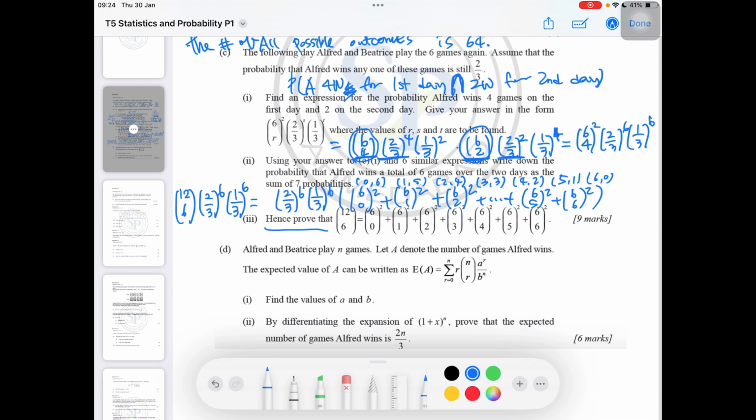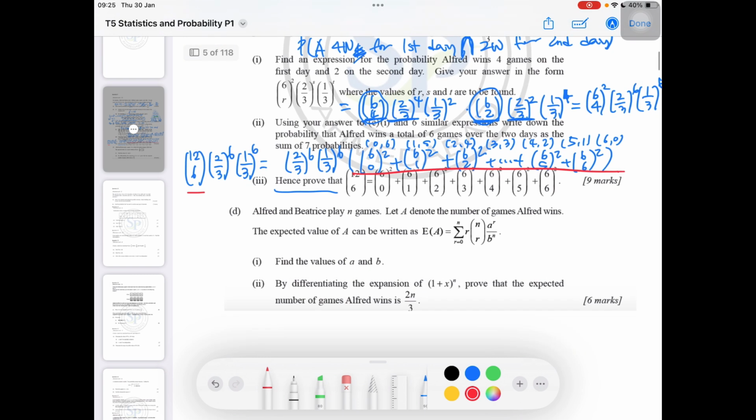So in this case, we can show that this and this are the same. So we can say the result is equivalent to the result when we consider this situation, the 6 winning out of 12 games. So it's proved.